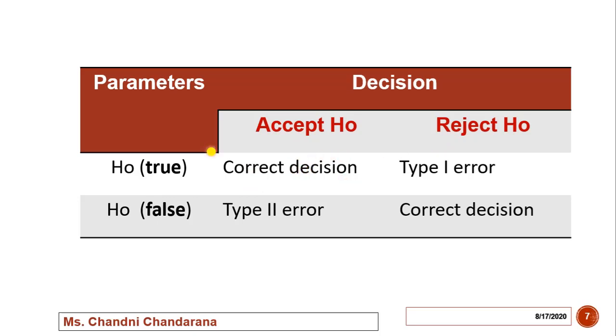But when there will be an error, when our hypothesis is true but it comes to rejection, then it will produce type 1 error. What happens when our hypothesis is false but we are accepting it? Then it is type 2 error. At that time, what is our correct decision? We have to reject, but we are accepting. So this is known as type 2 error, a false negative error.